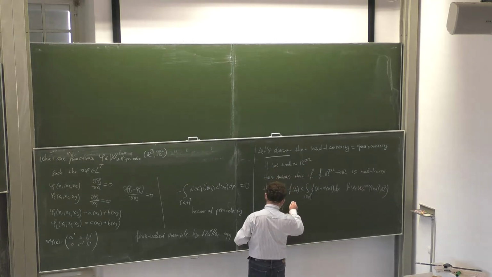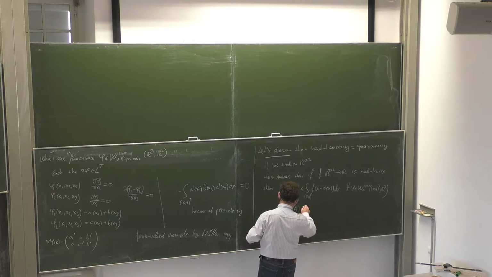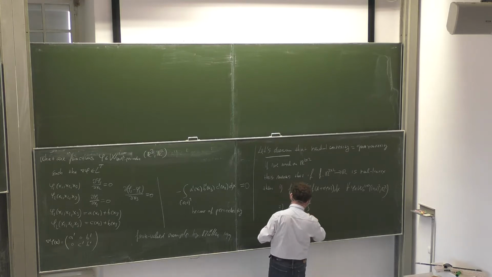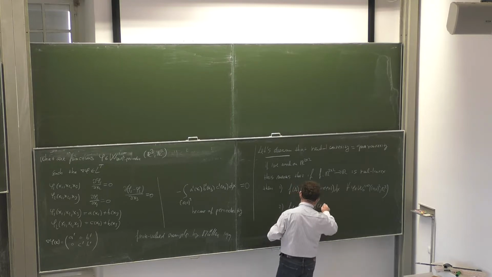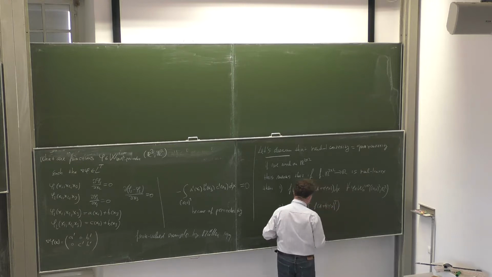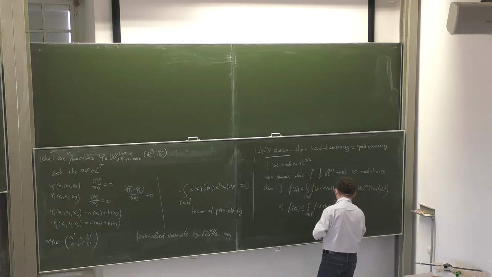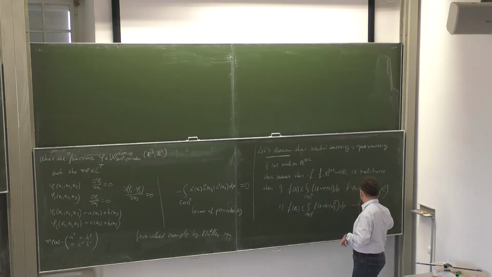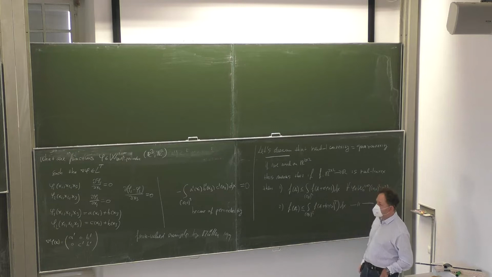But also that f of A is more or equal than the integral over 0, 1 to the power 2 of f of A plus gradient of phi of x transposed dx for the same test functions.